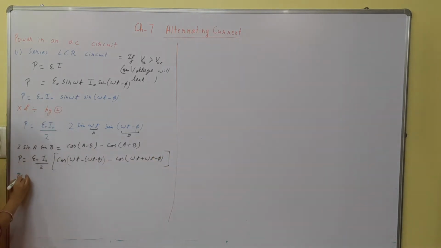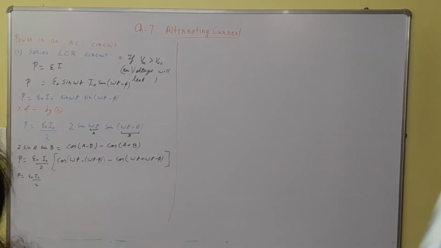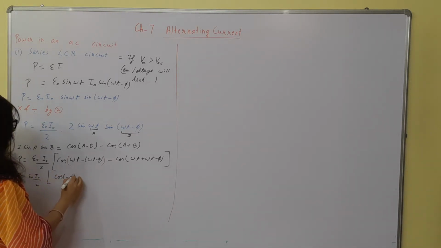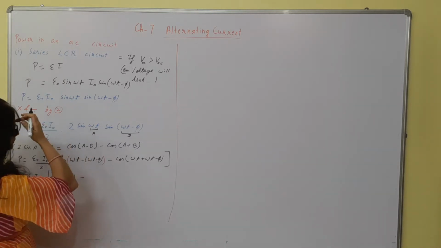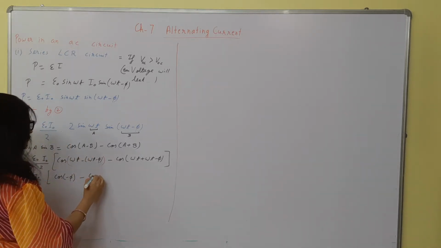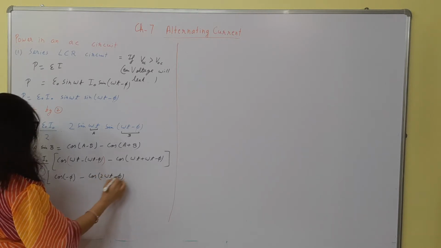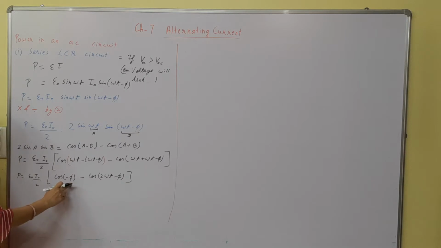Let's solve it. This will be cos of minus phi minus cos of 2 omega t minus phi. Cos of minus theta is cos theta, so we can write it like this.